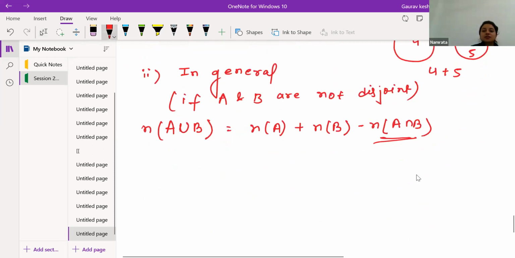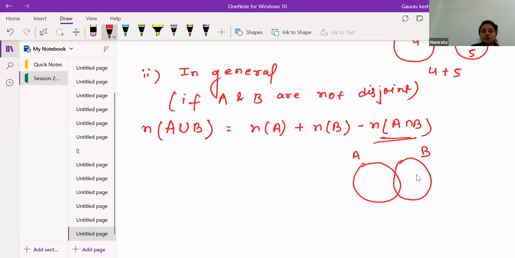We can understand it like this. If there is a set A and a set B, here we are having 1, 2, 3, here 4, here we are having 6, 8. So how many elements are there in A? Can you tell me? 3. Only 3? No, 4. Exactly 4. And how many elements are there in set B? 3.